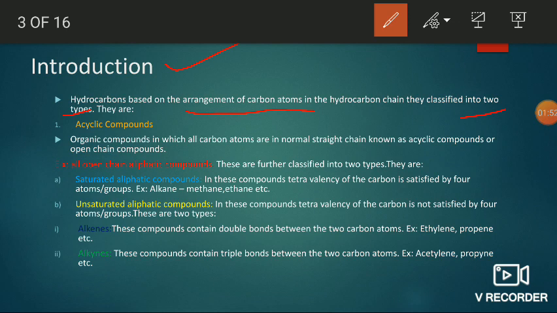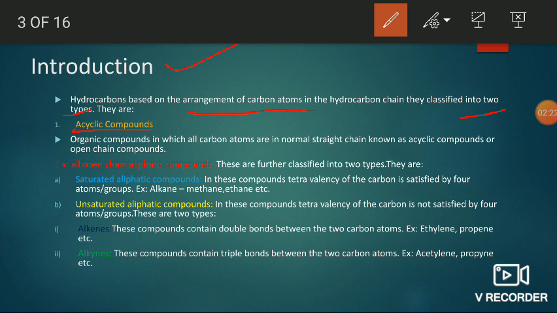They are, the first one is acyclic compounds. These acyclic compounds are also known as open chain hydrocarbons. That is, acyclic compounds are nothing but the hydrocarbons in which all the carbon atoms are arranged in a normal straight chain, considered as acyclic hydrocarbons or open chain hydrocarbons.